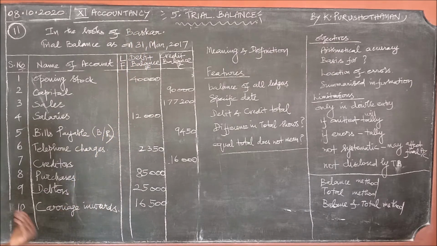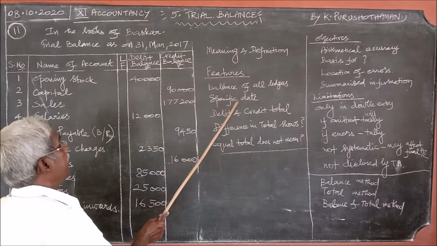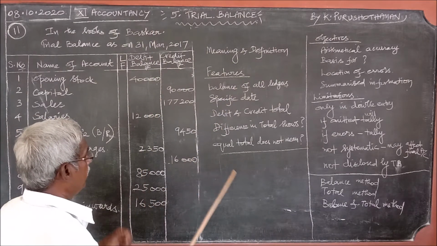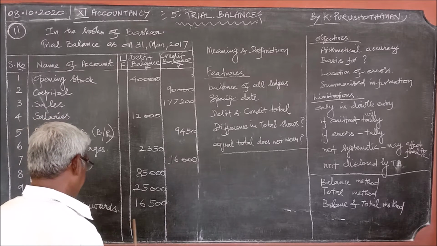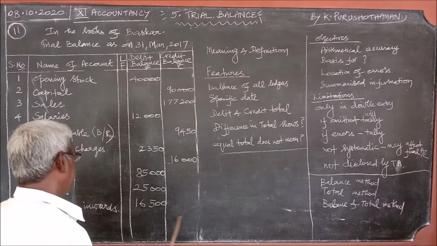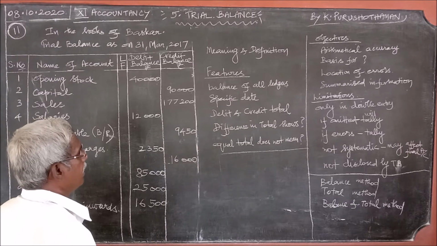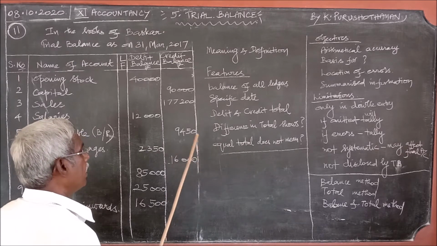On any date we can prepare the trial balance. The balance sheet cannot be prepared like that. But the trial balance we can prepare on any date. Okay, on a specific date we can prepare. And what we are finding here, we are finding the totals of debit and credit, and we find they are equal.